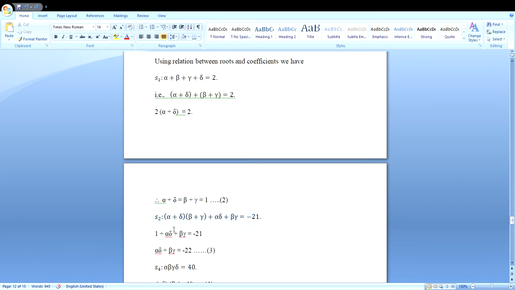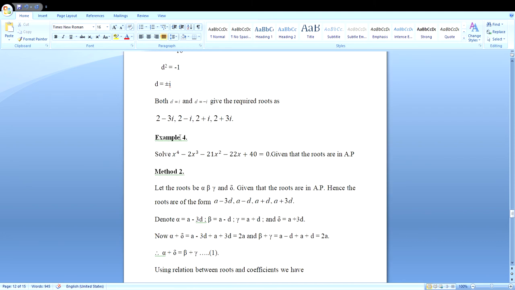Writing S2, from example 1 itself, we have simplified and we know that we can write S2 like this. That is alpha plus delta into beta plus gamma plus alpha delta plus beta gamma equal to minus 21. Here you have minus 21.